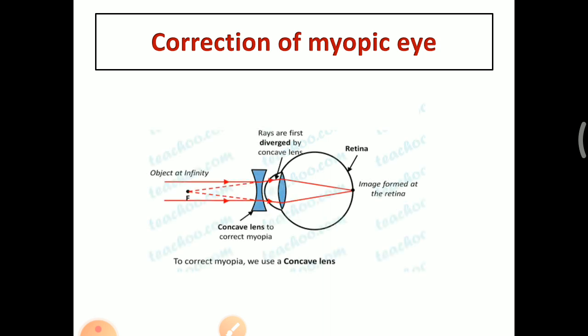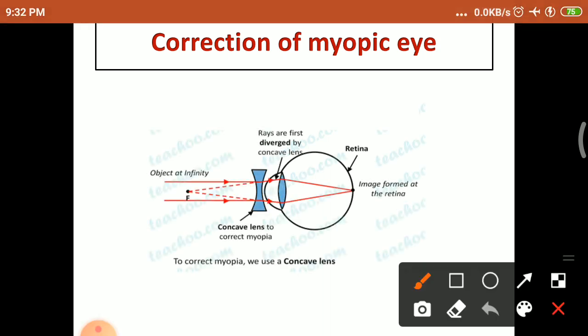The next one, correction of the myopic eye. So how to correct this myopic eye? Using a concave lens, we can correct the myopic eye. How? When we place the concave lens in front of the myopic eye, this is the far point. The object is placed at infinity.